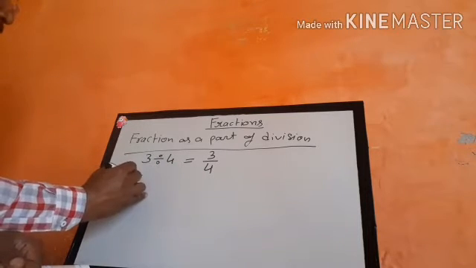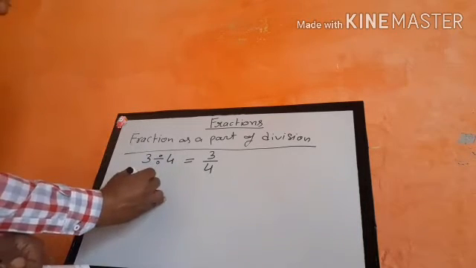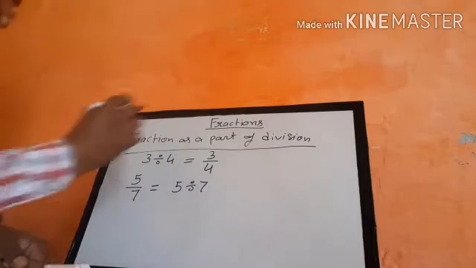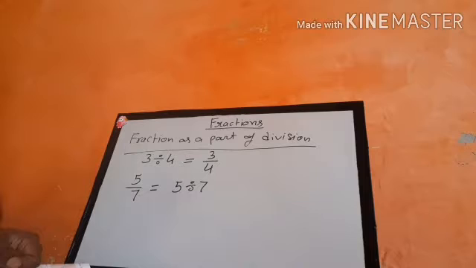Similarly, 5 upon 7 can be written as 5 divided by 7. So in such a way a division can also be represented in the form of a fraction.